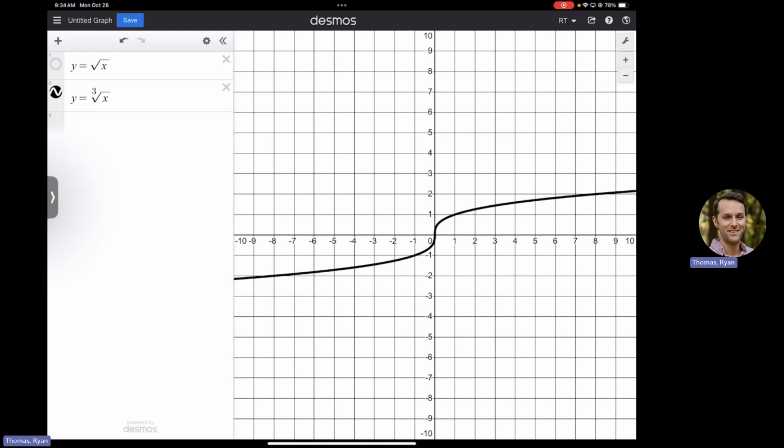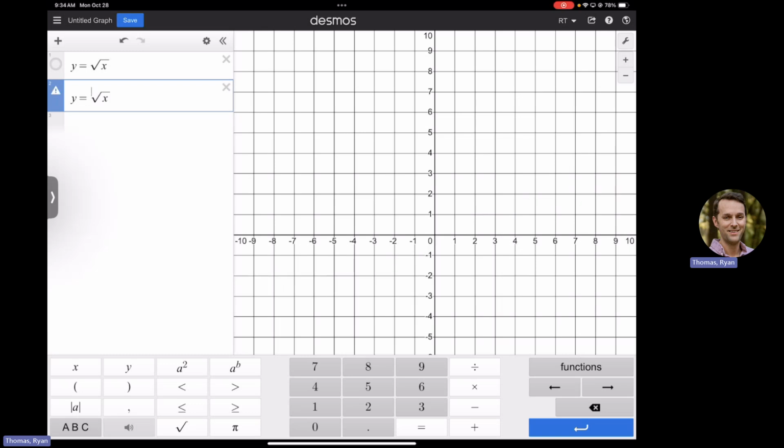It goes both directions because you're talking about a cube root. So you have an odd number of pieces, right? Which means negatives are going to behave differently. You can take the cube root of a negative number, whereas you can't with a square root. There's a fourth root. What's it look like? A whole lot like a square root, right?